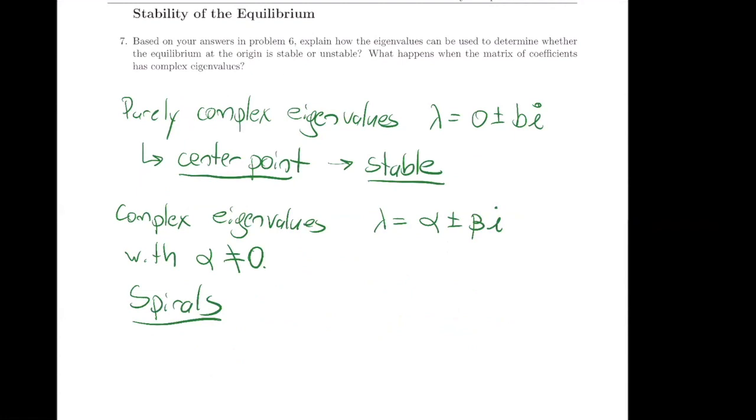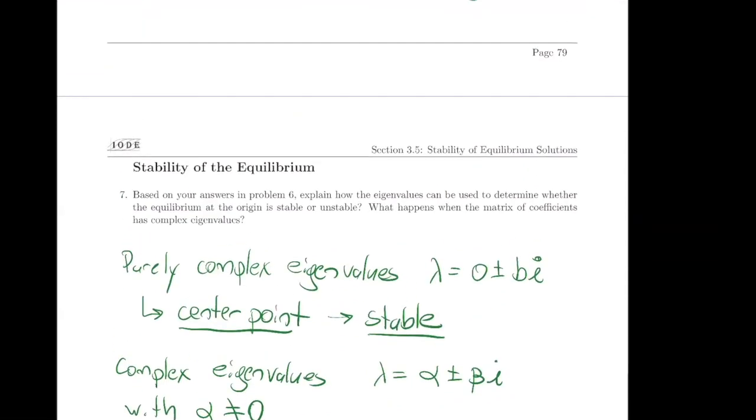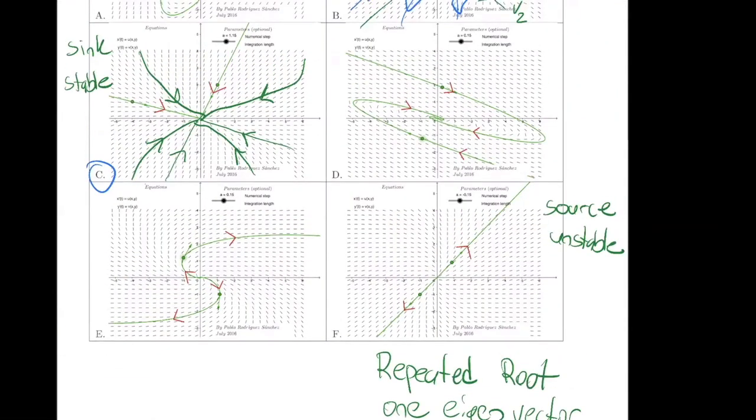In these cases we get spirals, like the two we haven't matched up. So we get things like this. How do you think we determine whether those spirals are going in, like in this case over here, as opposed to going out in E?